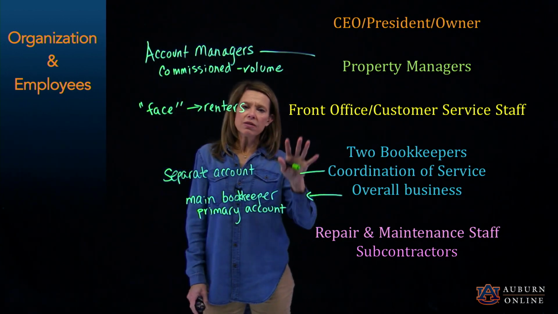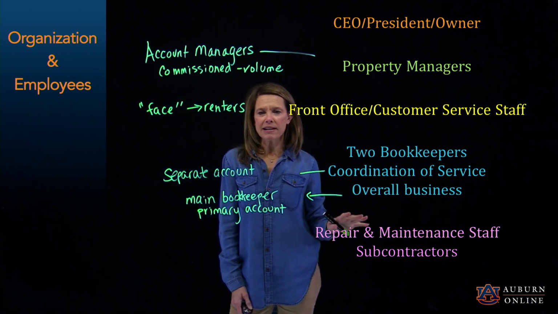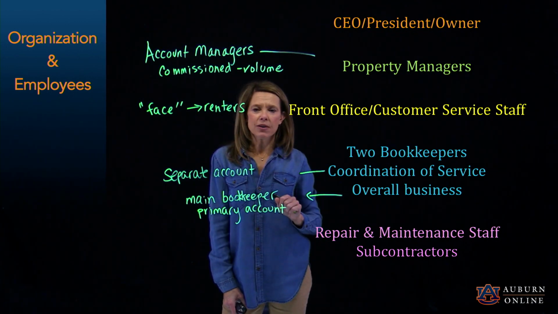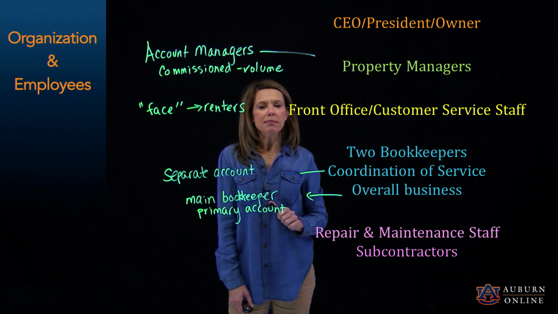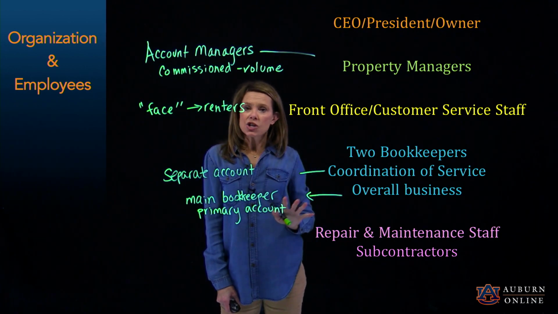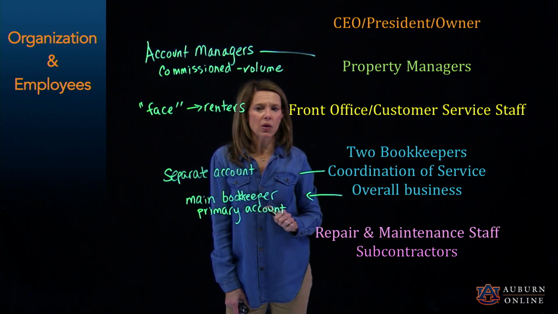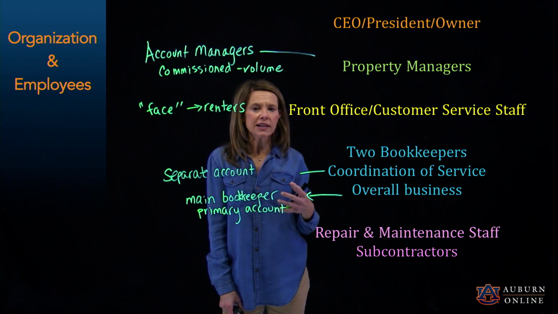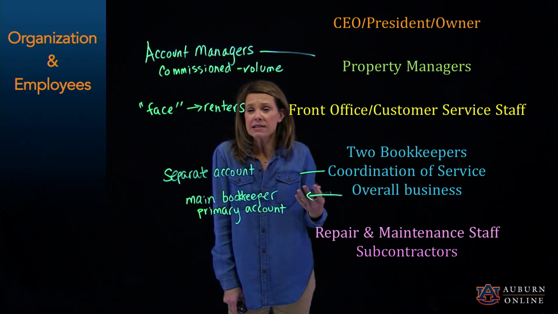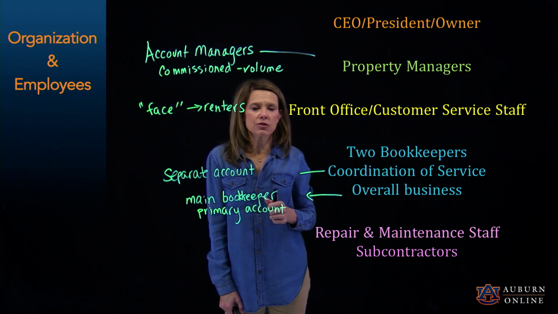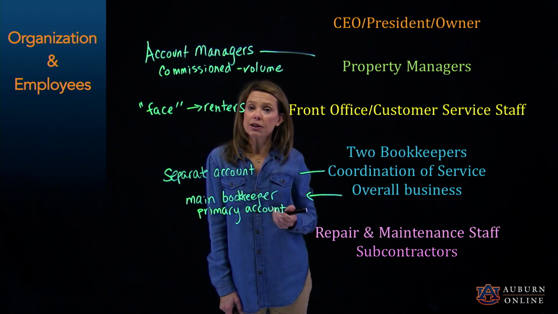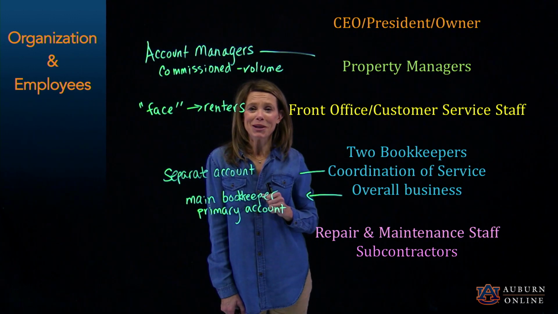All right, so then we have a class of repair and maintenance staff. Now, some of those folks, and for this particular company, these were all guys that were repair and maintenance staff. So there were some general handymen that were on the payroll that could be brought in to just take care of little small things that needed to be fixed. But when there's special service issues that needed to be addressed, sometimes a subcontractor would be used.